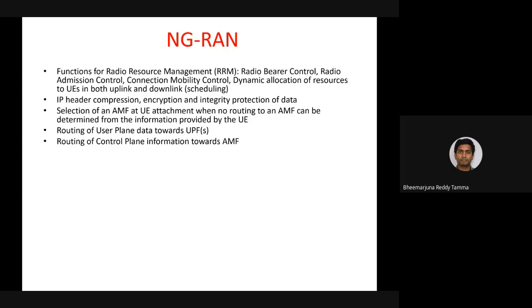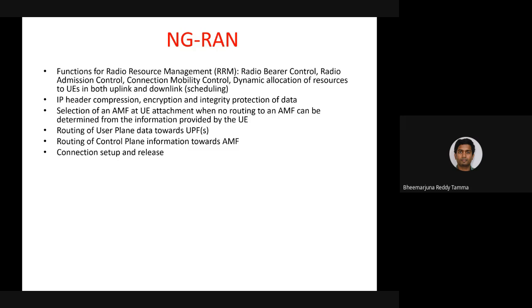And it routes the control plane traffic towards the AMF, which internally talks with other backend services to provide the functionality that we expect when you are registering the user or when the users are moving from one base station to another base station and other things.